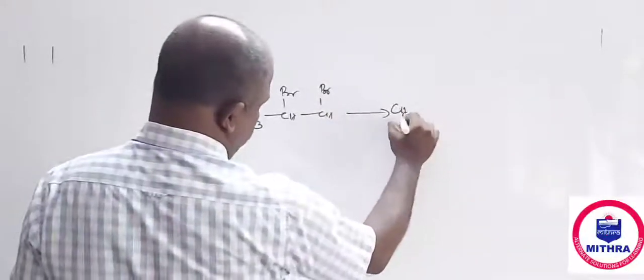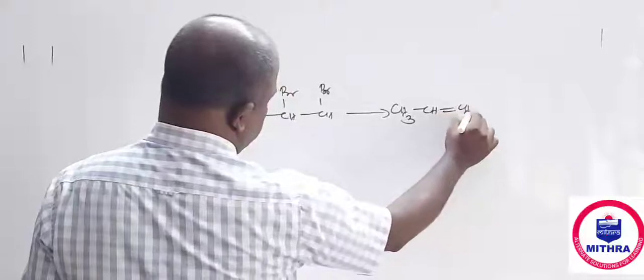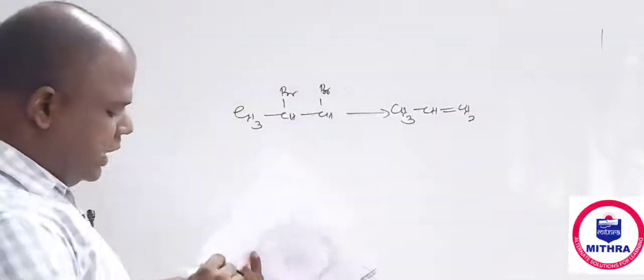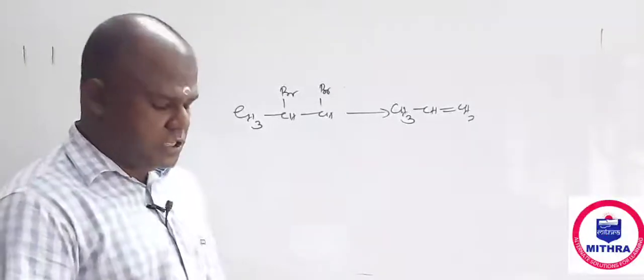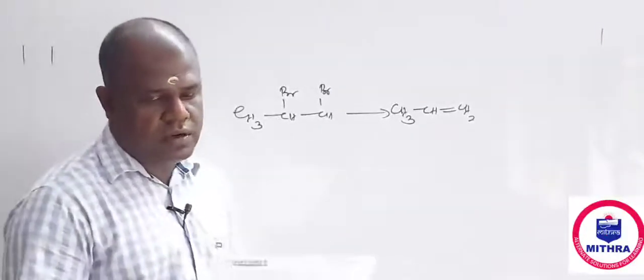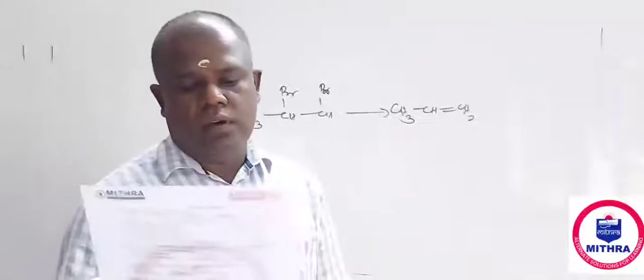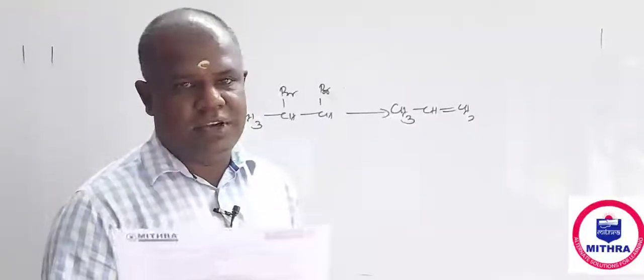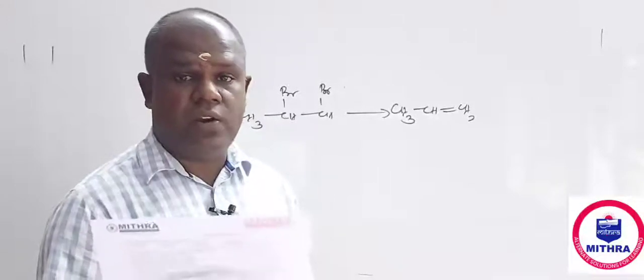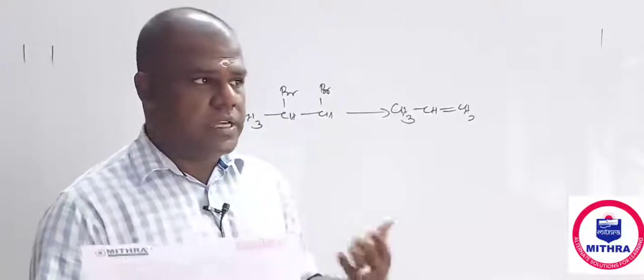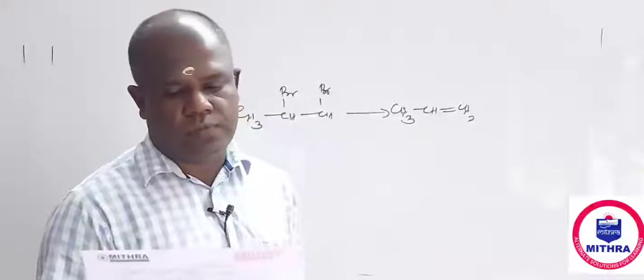You are converting 1,2-dibromopropane to propene, so you actually have to remove 2 bromine atoms. Removal of bromine means dehalogenation. And what is the dehalogenation reagent here? It is nothing but zinc. Okay, zinc is a dehalogenating agent. Alcoholic KOH is a dehydrohalogenating agent. Aqueous KOH is used for substitution only.